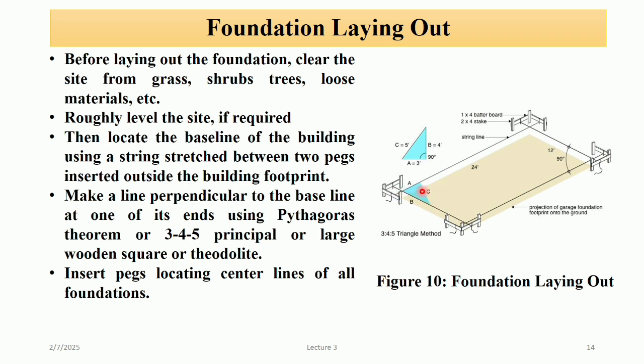If the diagonal is 5 units, then the angle between these lines will be 90 degrees. We continue this process to locate the foundation line, the center line.